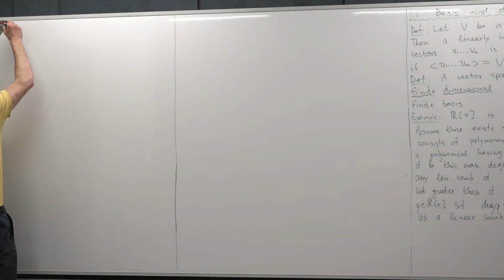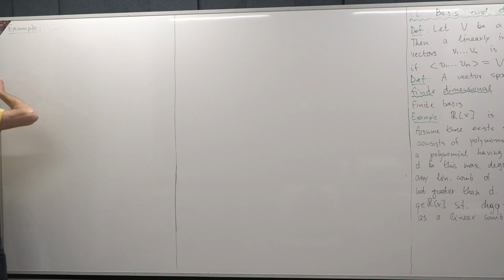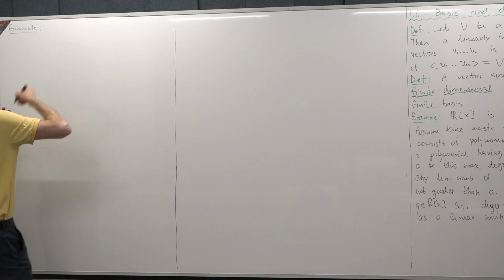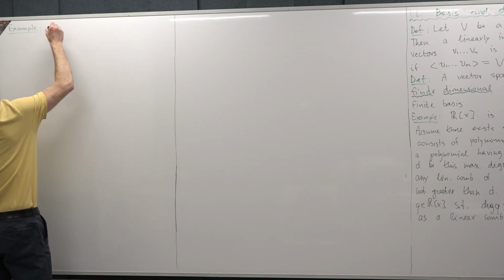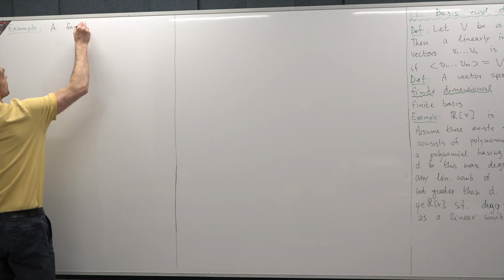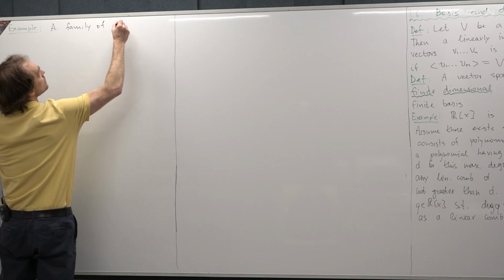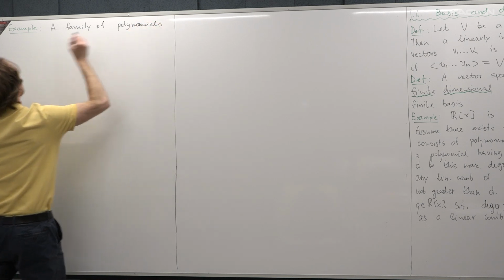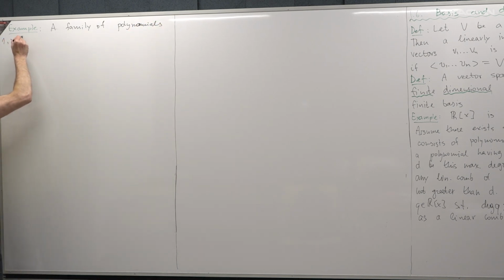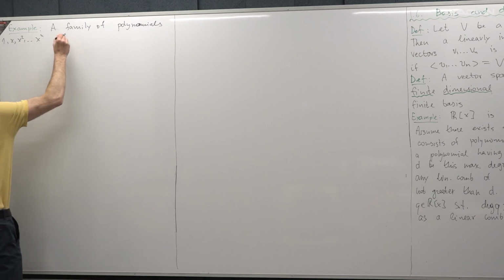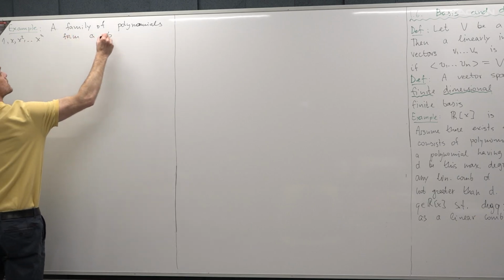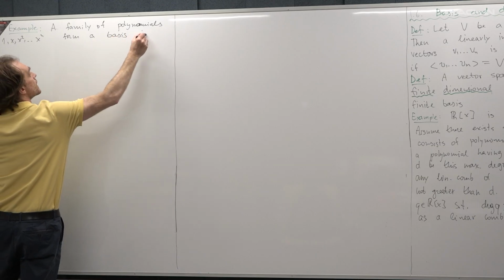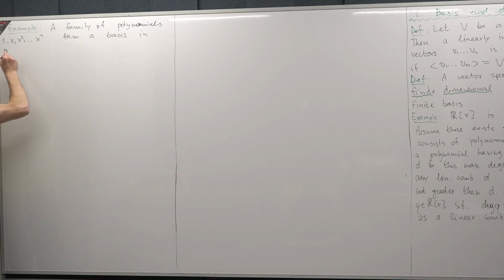Another example. A family of polynomials 1, x, x squared, etc., x to the n forms a basis in the space of polynomials of degree not greater than n.